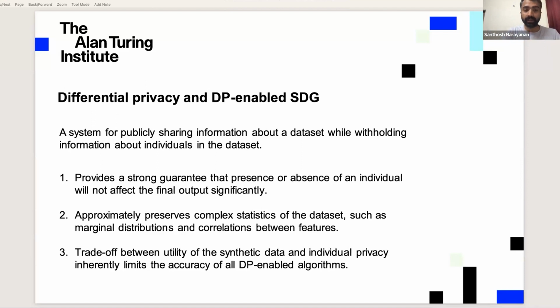However, like we spoke about the trade-off before, one of the key trade-offs that differential privacy brings to the table is the trade-off between utility and privacy. Therefore, there is an inherent limit if you go down this DP-enabled approach, which might be absolutely fine and maybe necessary.